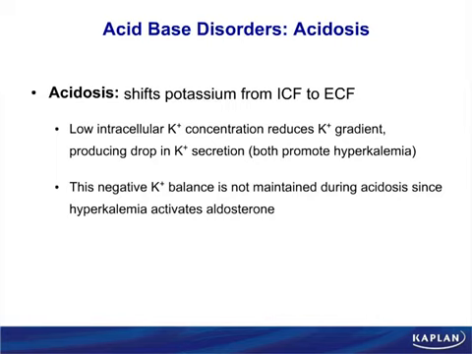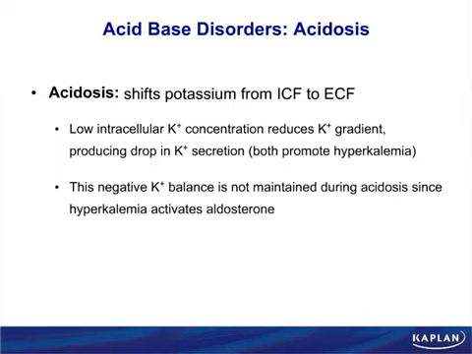The classic example the exam will give you here is patients with DKA. In DKA, patients will have a very low intracellular concentration of potassium, and they will have an elevated extracellular concentration of potassium. Now, when you give them insulin, insulin will move potassium back into the cells, so the serum potassium levels will drop very quickly.